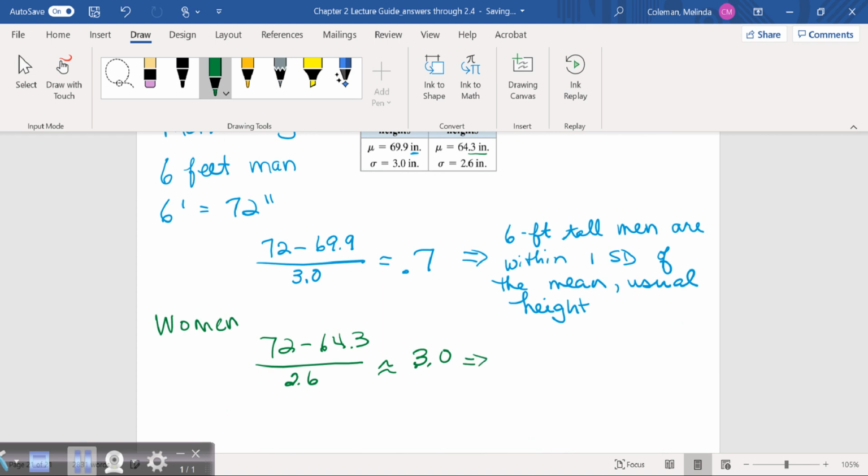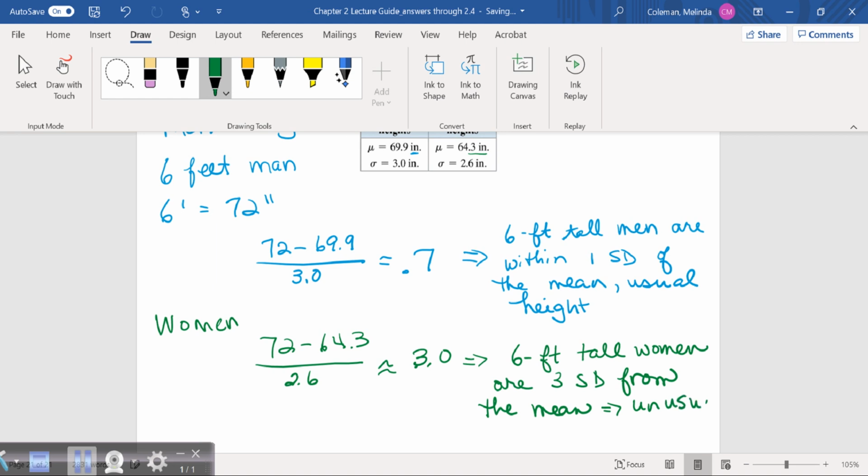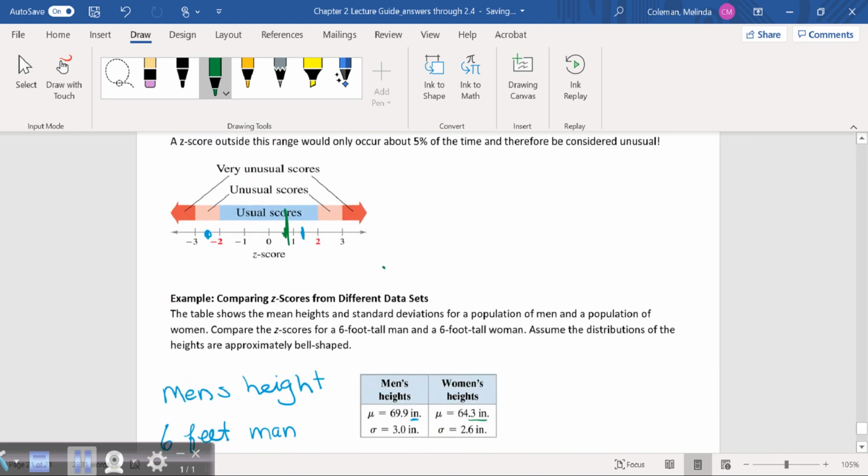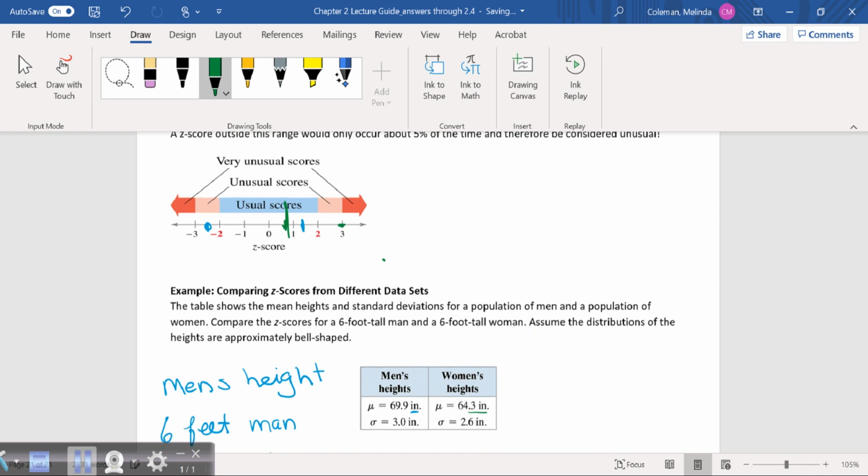So this conclusion says that 6 feet tall women are 3 standard deviations from the mean, and therefore that is an unusual height. And so again, if I look at my little table here, 3 standard deviations would be right here. So it's on the border of unusual and very unusual scores.